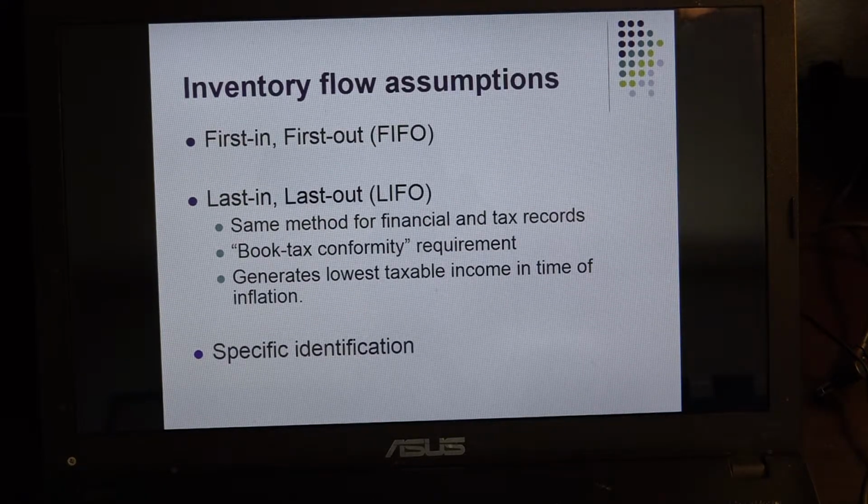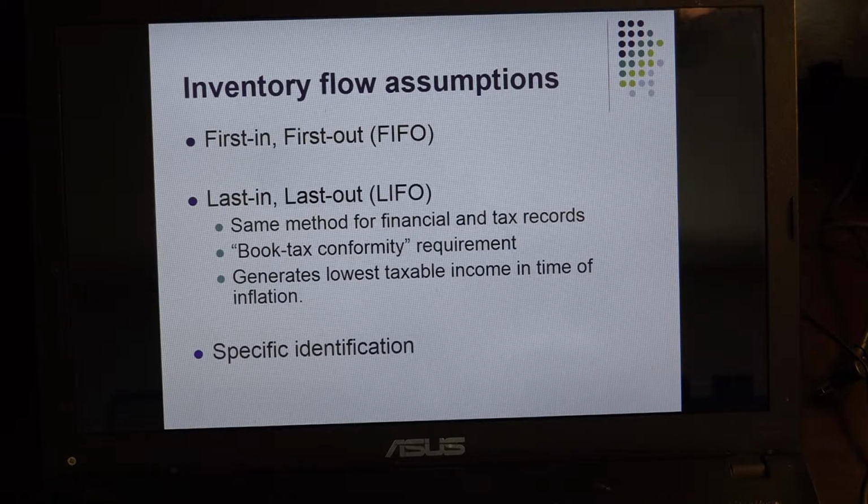Inventory cost flow assumptions. Talk a little bit about that. So you get 3 methods that you can use. Notice what you can't use. What is different here than financial accounting?